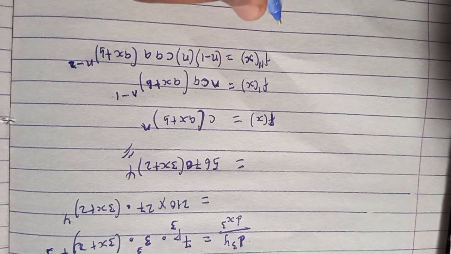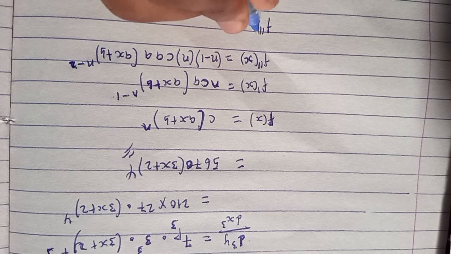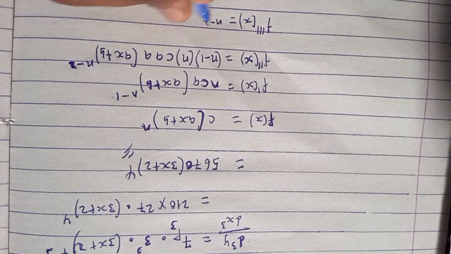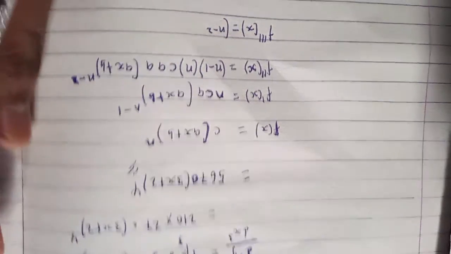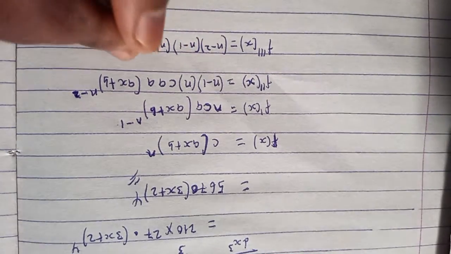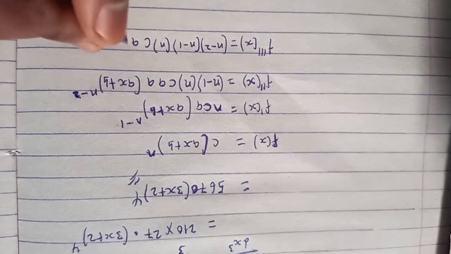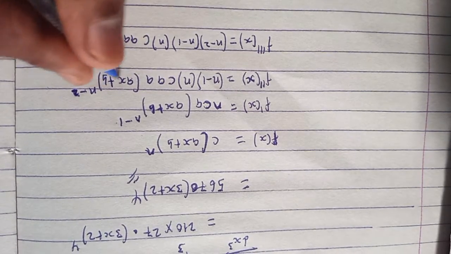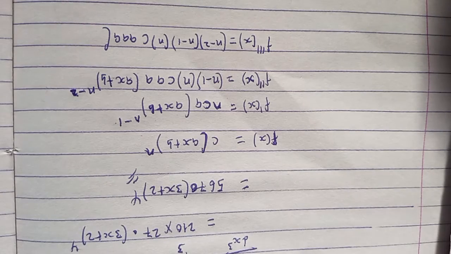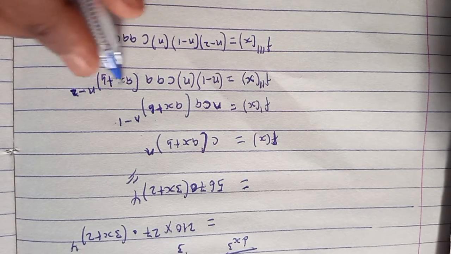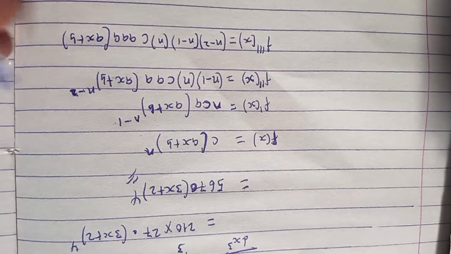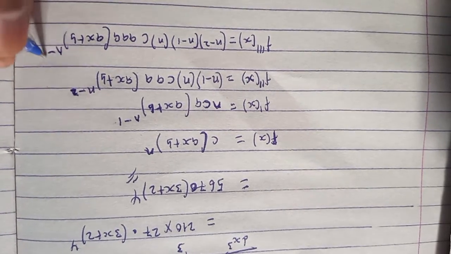Then again, moving on, the third derivative will give us this. Times n minus 1 times n times c times a times another a when we differentiate the expression inside. That's really the chain rule. So times ax plus b in the bracket power n minus 3.